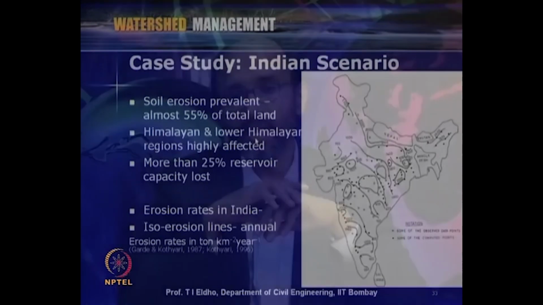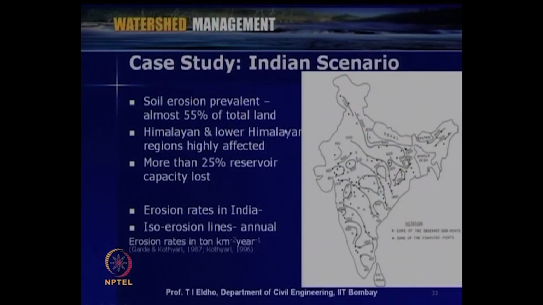So, before closing today's lecture, let us have a look at the Indian scenario as far as soil erosion is concerned. In this slide the soil erosion rates in India are shown in terms of iso-erosion lines. Soil erosion is a big problem in India.